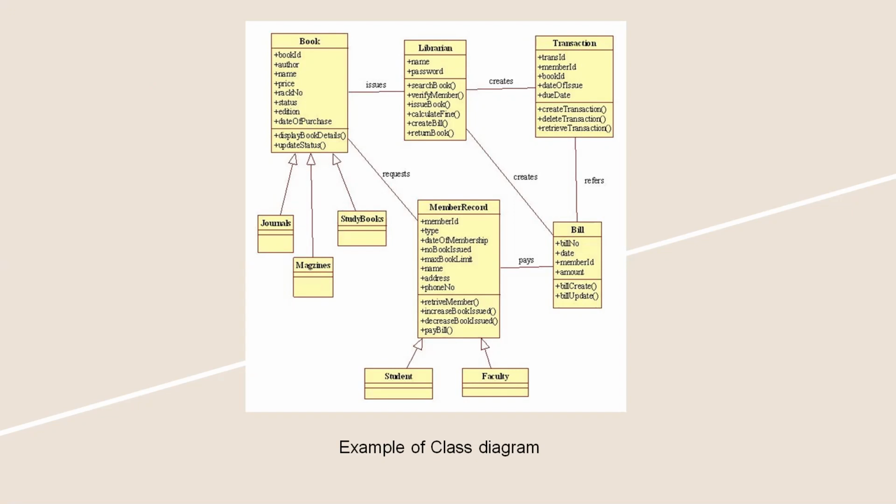We have 5 classes in this project: book, librarian, transaction, member record, and bill, and each one is related with association relationships like issues, creates, requests, and refers. Now another point is that there are three more classes like journals, magazine, and study books in the book class. They inherit all the properties of the book class. So this is the example of the class diagram.